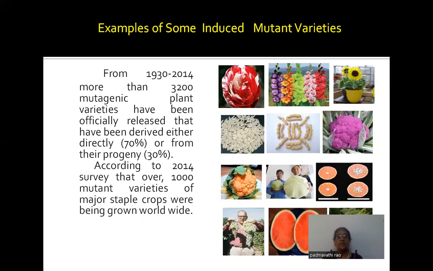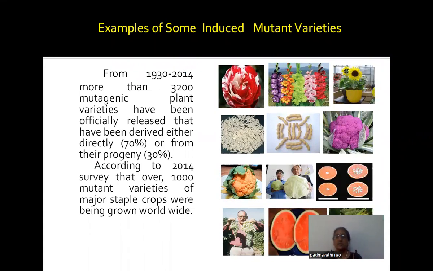According to a 2014 survey, 1,000 mutant varieties are already released and actively in use worldwide. Most of the mutant forms are from horticulture, agriculture, and even floriculture, where we are getting different varieties of induced mutants. So these mutations are very useful in agriculture for the production of new varieties.